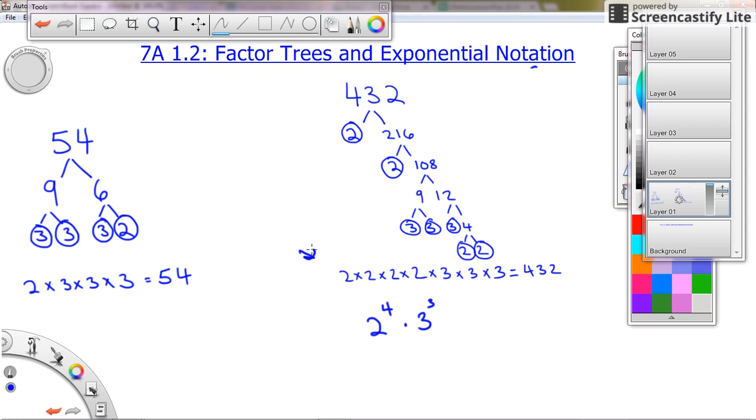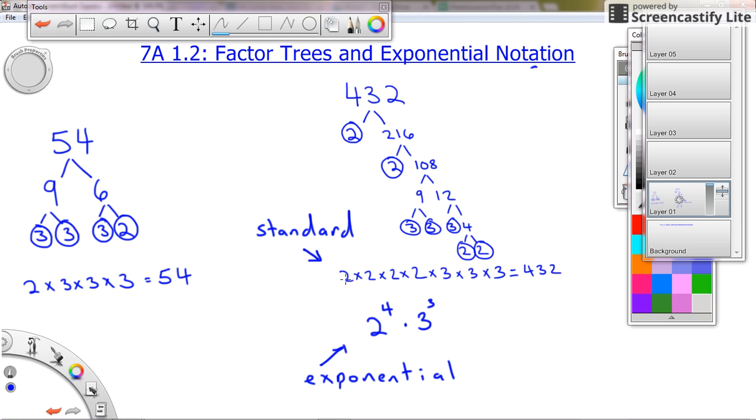By the way, this here is called standard notation. And this here is called exponential notation.